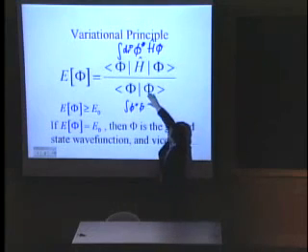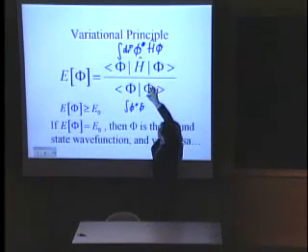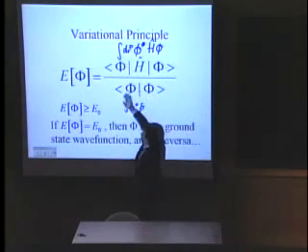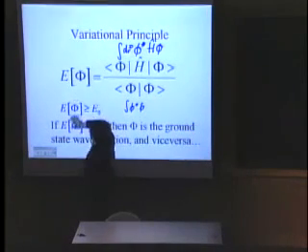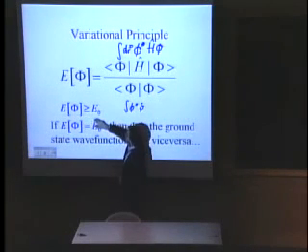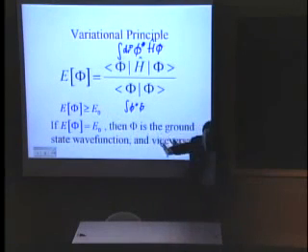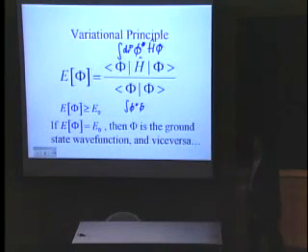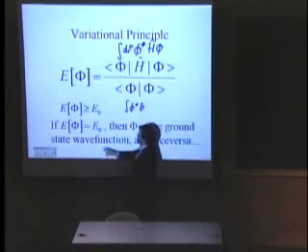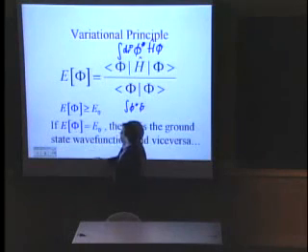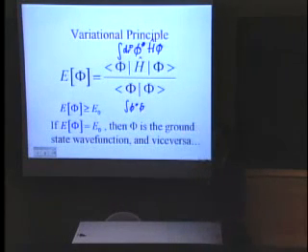You can try to calculate this ratio for any phi, and what you'll find is that the number that you obtain for any phi that you throw in is always greater than or equal to the ground state energy of your electron. Not only that, but if in particular this number is equal to the ground state energy of your electron, the function that you have used is really the ground state wave function, the wave function corresponding to the lowest energy of the Schrödinger equation.